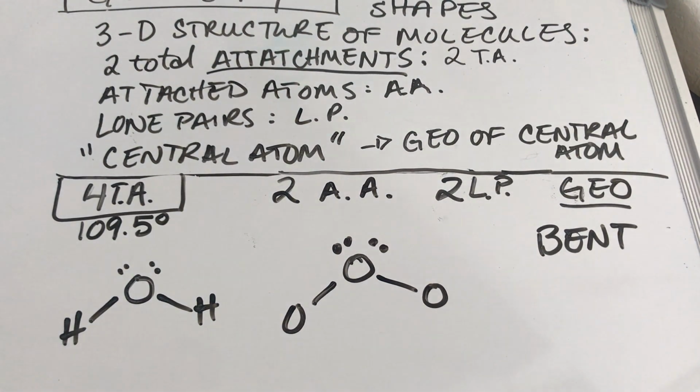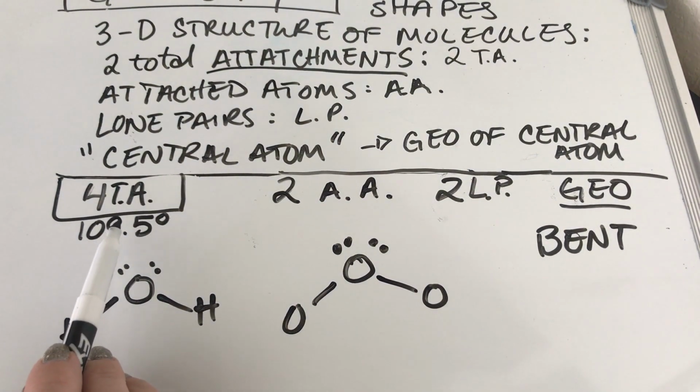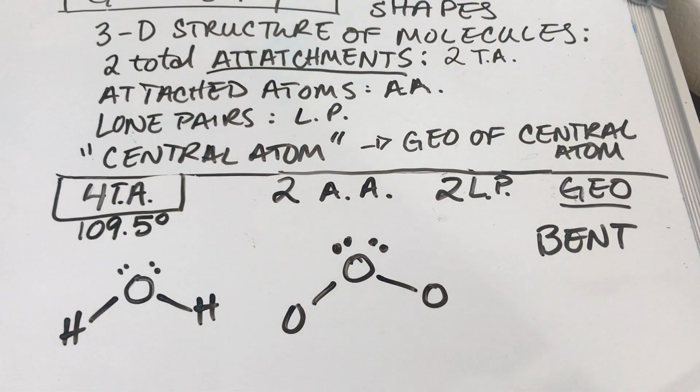Specifically what we're talking about here is the geometry of the molecule, right? So the molecule geometry is determined by the total number of attachments. There's also a thing called the electron geometry, which you might have seen in some of the lectures with other YouTube people.